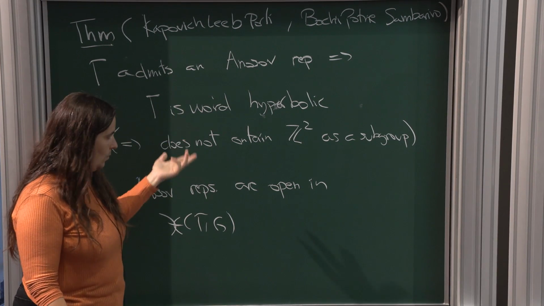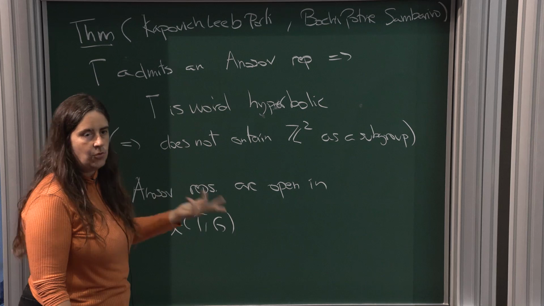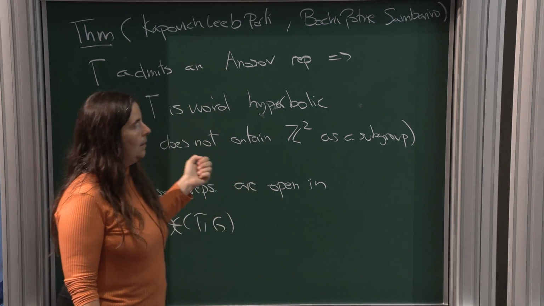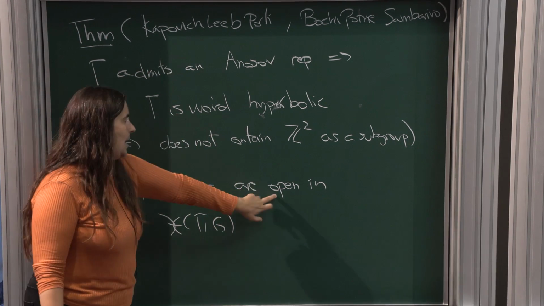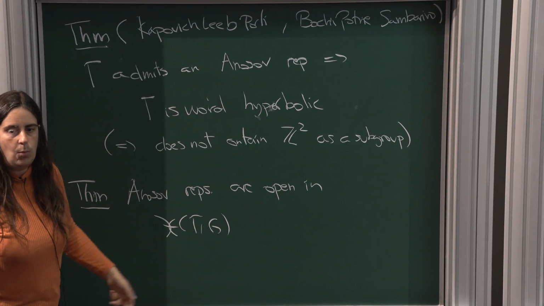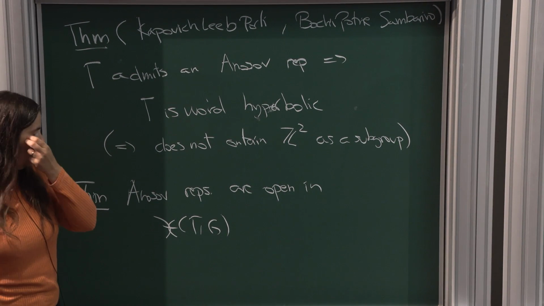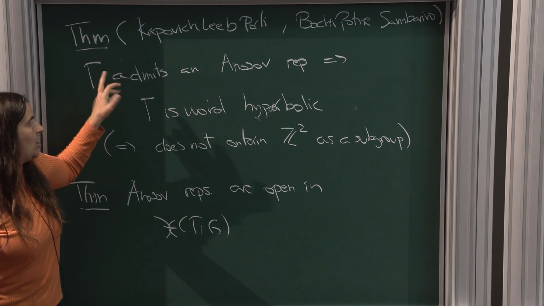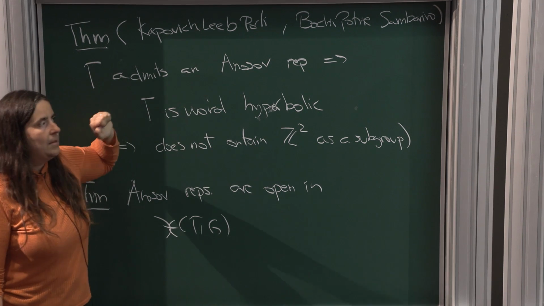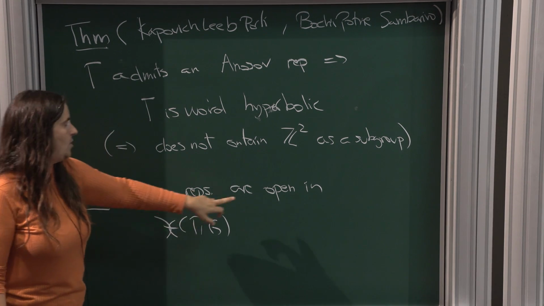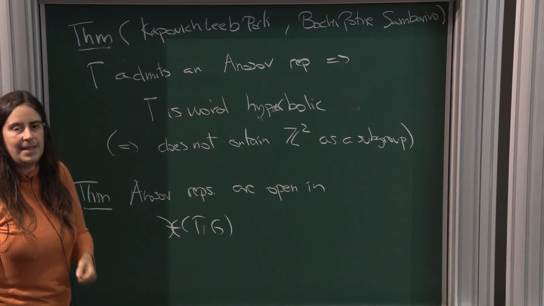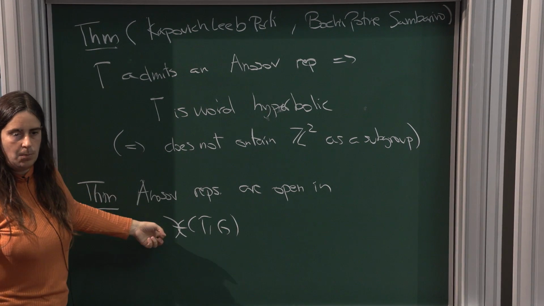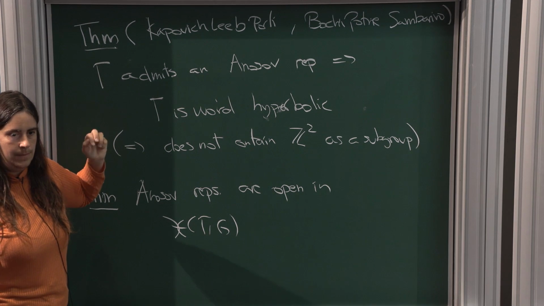It's a very active field and we know many interesting properties. In general, these are open subsets of the character variety. What I wanted to tell you in this mini course are special classes of Anosov representations of fundamental groups of surfaces for which these are also closed.